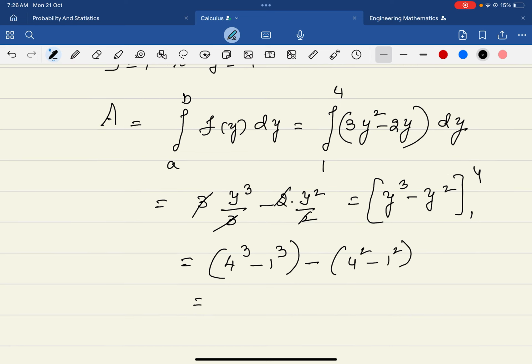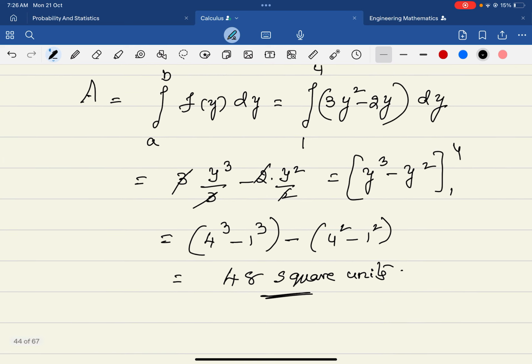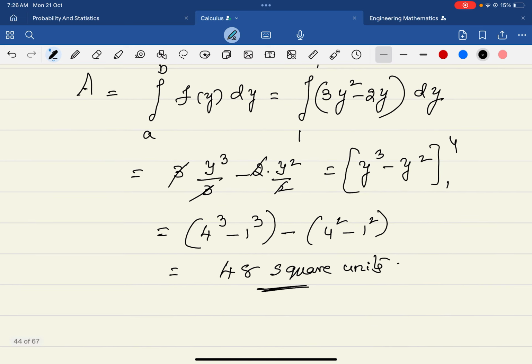So what is this? It is 64 minus 1, that is 63, minus 16 minus 1, that is 15, which gives 48. Now since it is the area, it is 48 square units. I hope you could understand how to find the area between the curve and the y-axis.